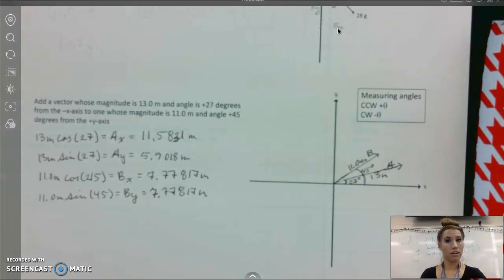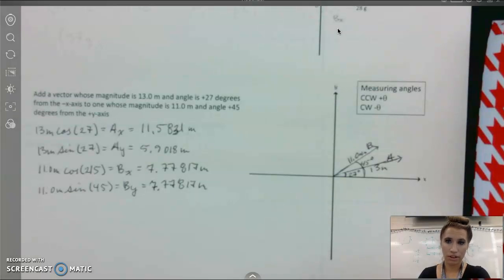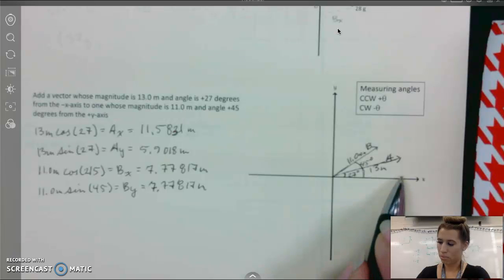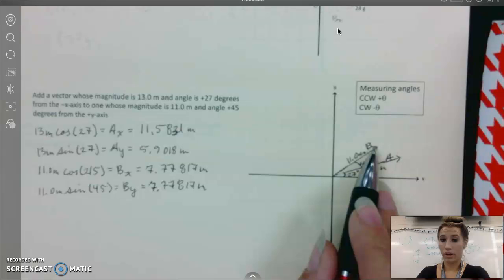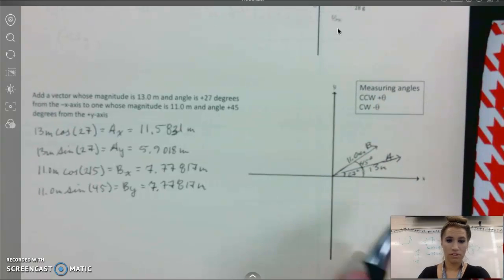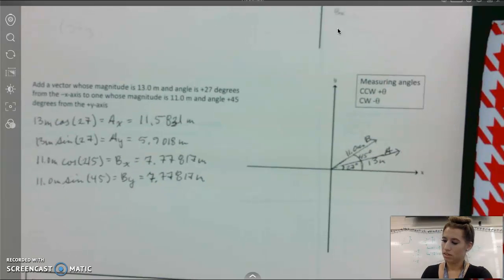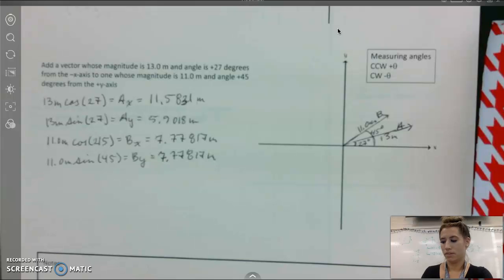Okay, at this point I like to hit pause and decide, are these positive or negative values? So a sub x is positive, a sub y is positive. b sub x is positive, b sub y is positive. Okay, so all these stay the same. We don't add any negative signs. So we'll call our resultant c.